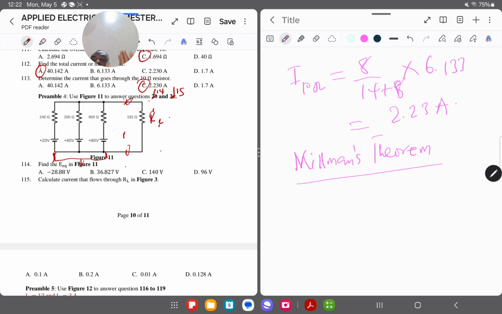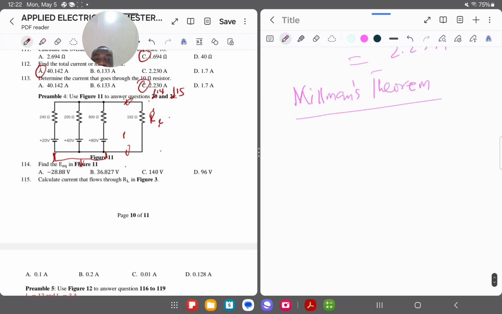So where we have each branch with a voltage in series with a resistor, all those 3 branches, we have to convert to what we refer to as Millman's equivalent circuit, which is going to be now the whole of what? Now going to have just one voltage, which we refer to as the equivalent voltage, and then it's going to be in series with one resistor, which we call the equivalent resistance. And once you've done this, you connect now to your load, right?